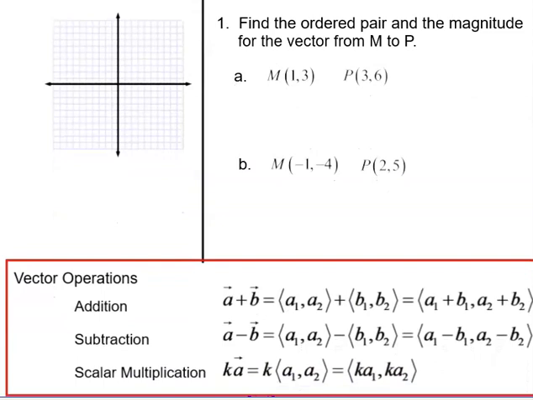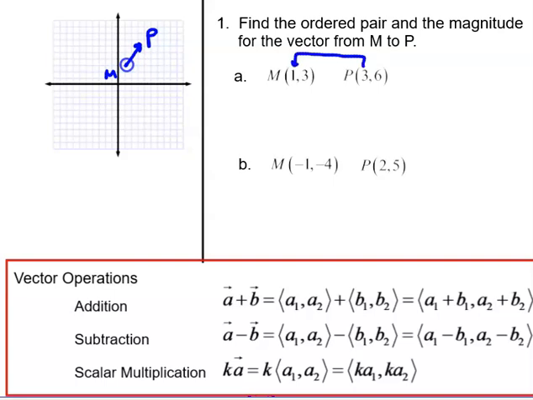Okay, so if I have 2 points, let's say I'm at (1, 3), which is right here, and I end up at (3, 6). 1, 2, 3, 4, 5, 6. So I have this vector here. I'm going to find the ordered pair. So I'm going to rename this as one point by subtracting the terminal side. So I have to go the second point minus the first.